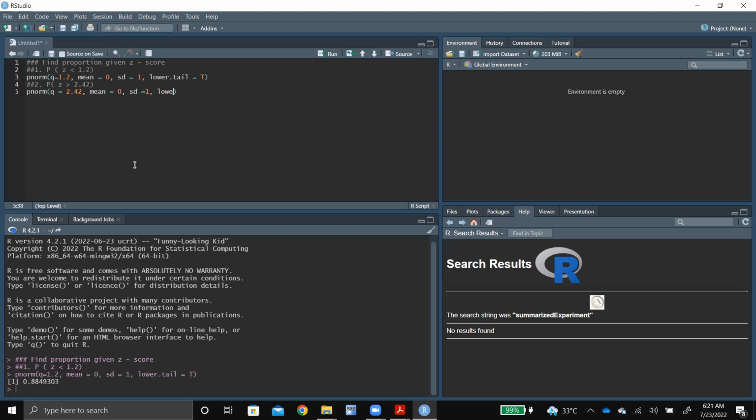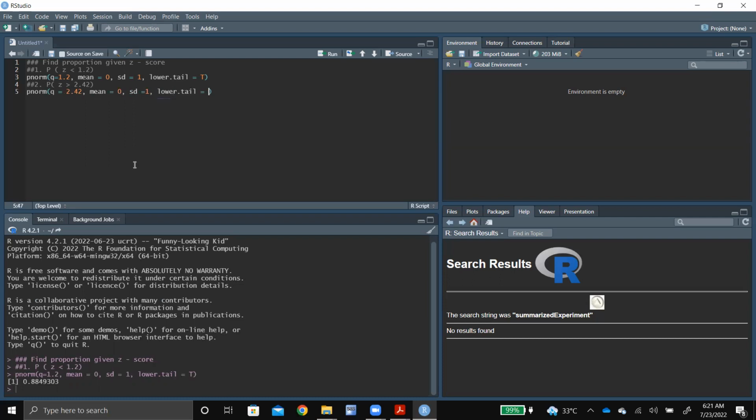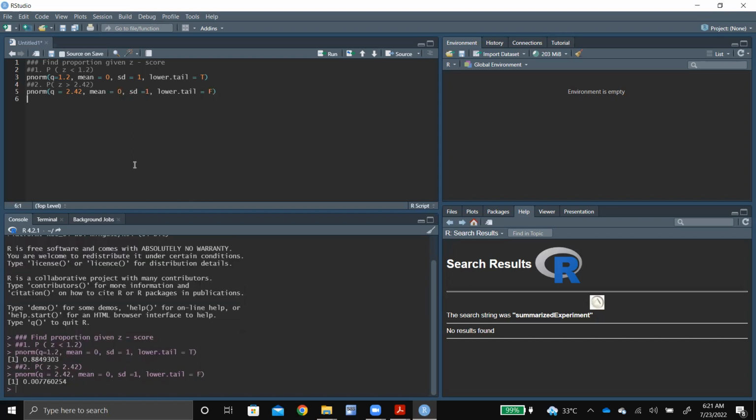Since this is a greater than, we should have lower.tail equal to false. That is, it is not finding the value in the lower tail, it is finding the value in the upper tail. So greater than implies finding values in the upper tail. So pnorm(q = 2.42, mean = 0, sd = 1, lower.tail = FALSE). Now, if we hit run, we get this value to be 0.0076.